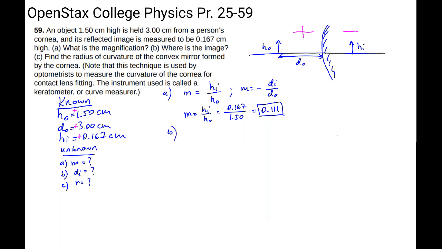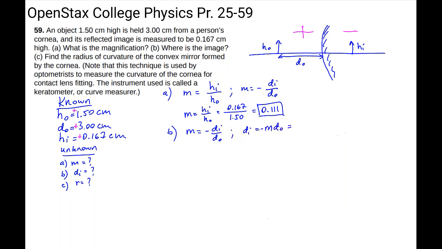In part B, we want the image distance. So we can use now this equation. We now know the magnification. We know the object distance, we can solve for the image distance. So I'm going to write m equals negative di over do, which then means that di, our unknown, will be negative m do.